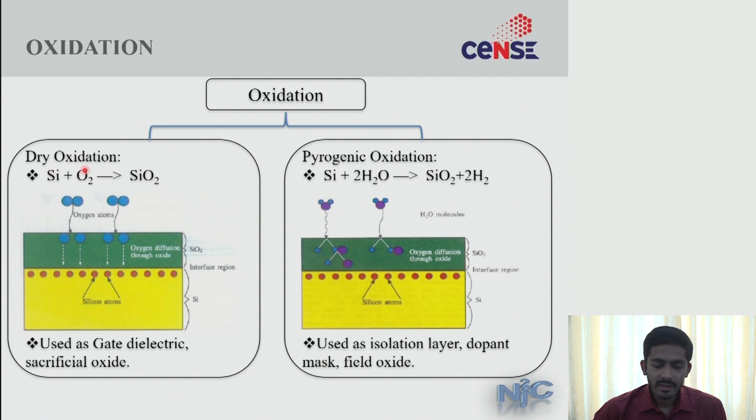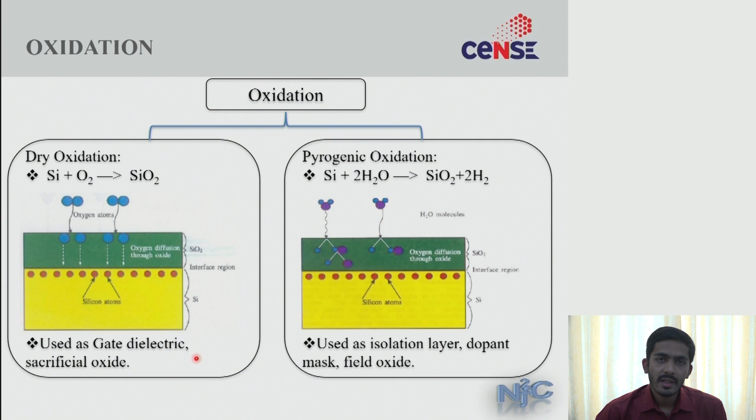Next, coming to oxidation. Under oxidation we mainly have two kinds. One is called dry oxidation, which relates to using oxygen as the oxidizing source. Below is a schematic which explains it. Your oxygen molecule interacts with your silicon at high temperature to form SiO2, and this oxide starts to build on top of your silicon surface.